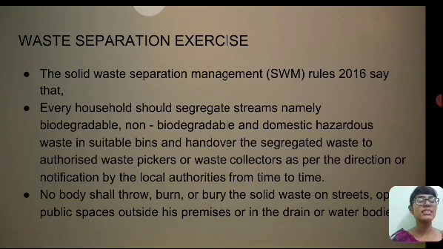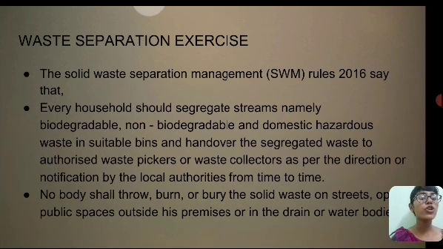Now we see waste separation exercises. SWM is the short form of solid waste management. The Rules 2016 say that every household should segregate the waste into biodegradable waste, non-biodegradable waste and domestic hazardous waste in suitable bins and hand over the segregated waste to authorized waste pickers or waste collectors or the local authorities from time to time.